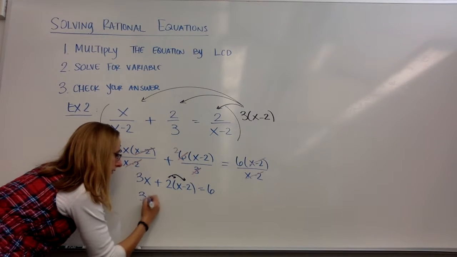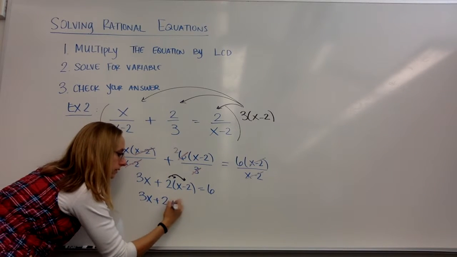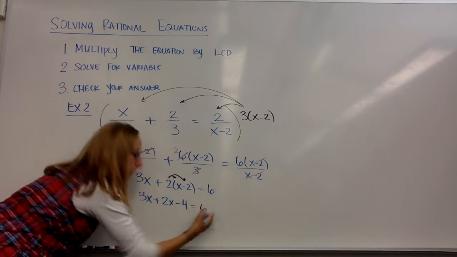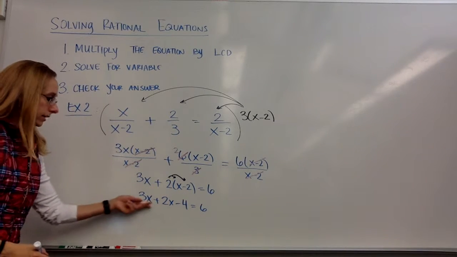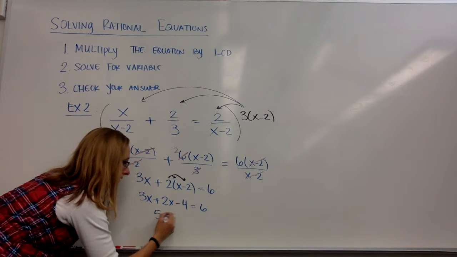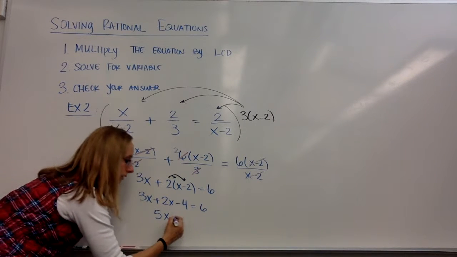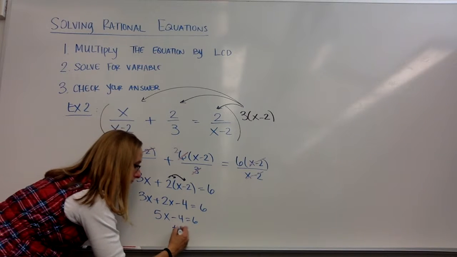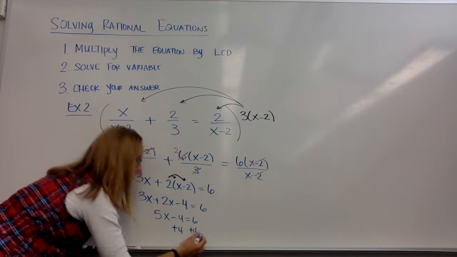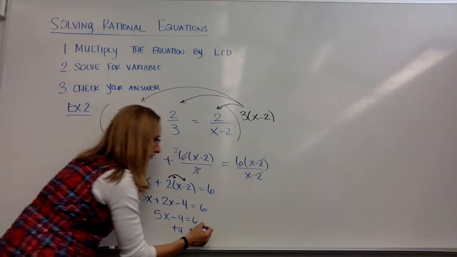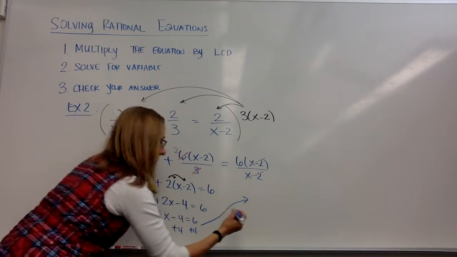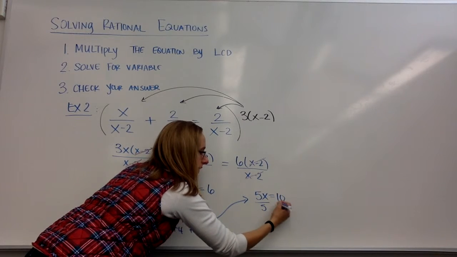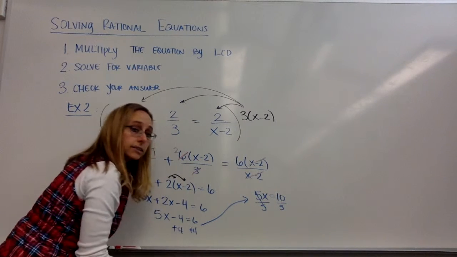So we have 3x plus 2x, 2 times minus 2 is negative 4, is equal to 6. Combine like terms. 5x minus 4 equals 6. Add over the 4. 5x equals 10. Divide both sides by 5 to isolate x. x is 2.